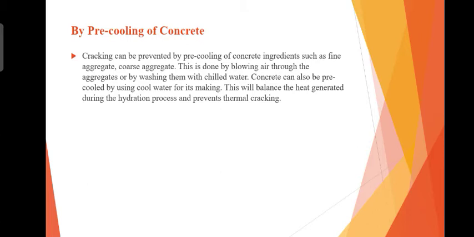When we wash the material with water, the material will be cool and there will be no hot material. Concrete can also be pre-cooled by using cool water for its making. This balances the heat generation during the hydration process and prevents thermal cracking.